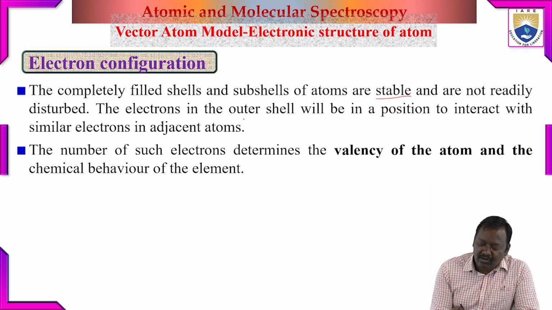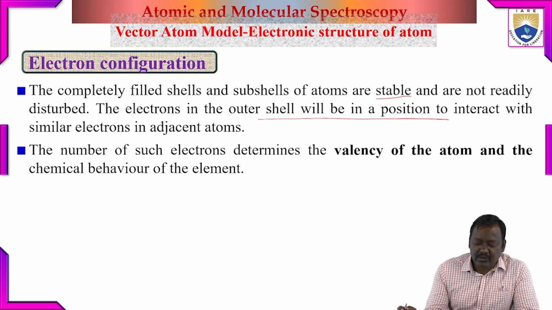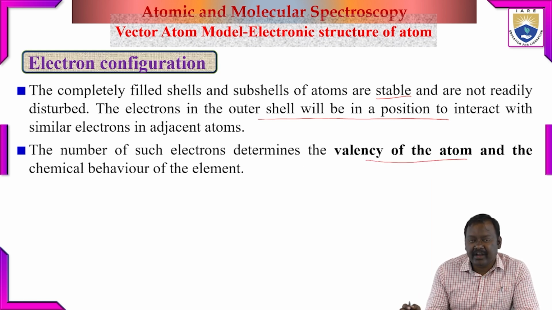So the electrons in the outer shell will be in a position to interact with similar electrons in the surrounding environment of the substance. And the number of such electrons determines the valency of the atom, and it also determines the chemical behavior of the element.